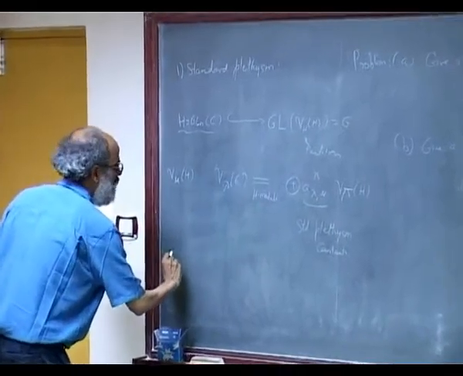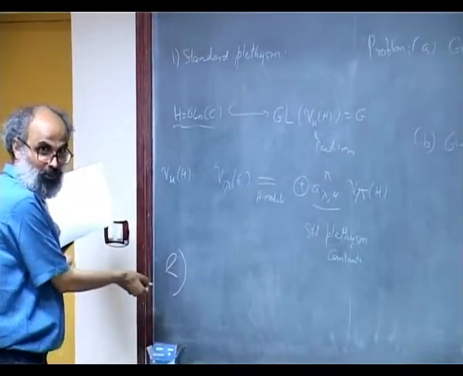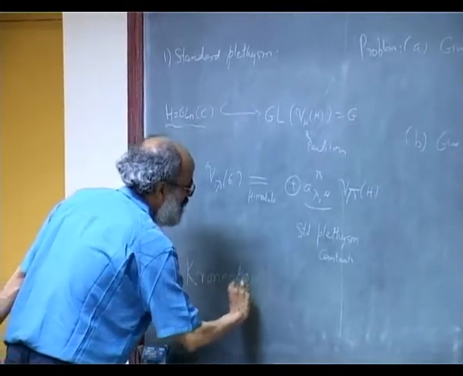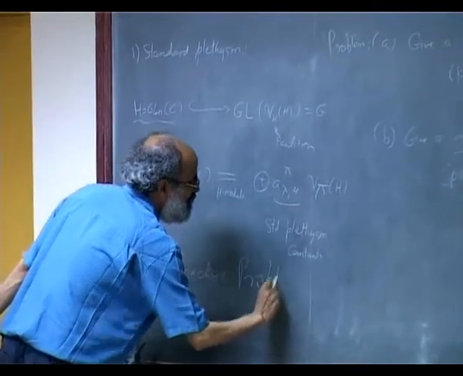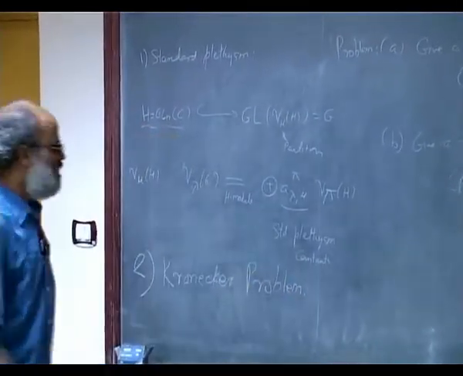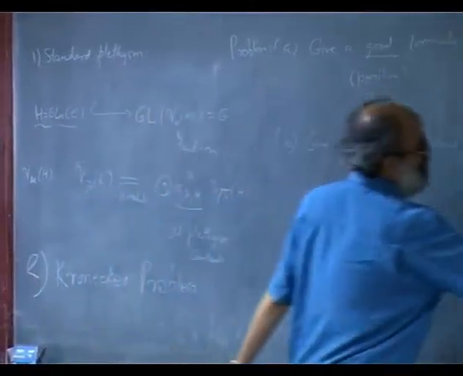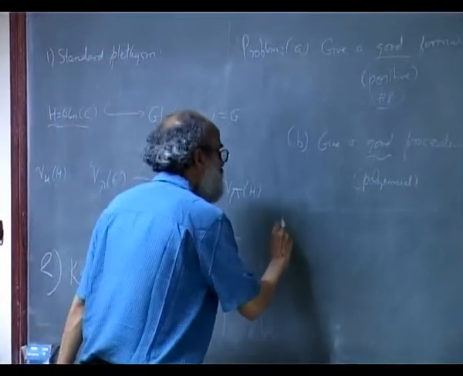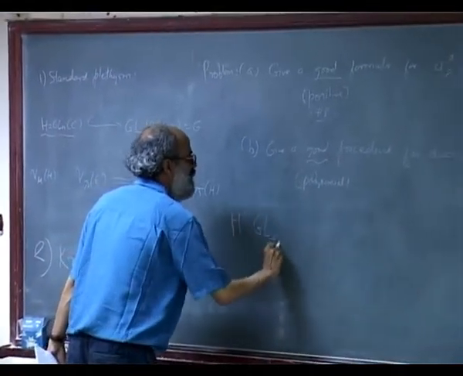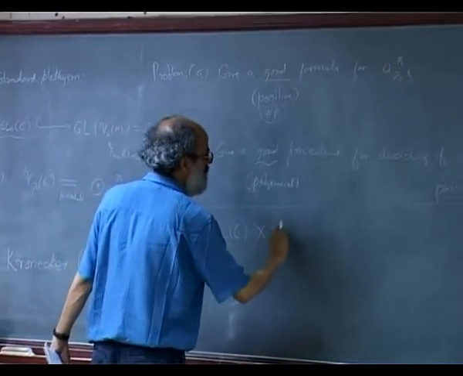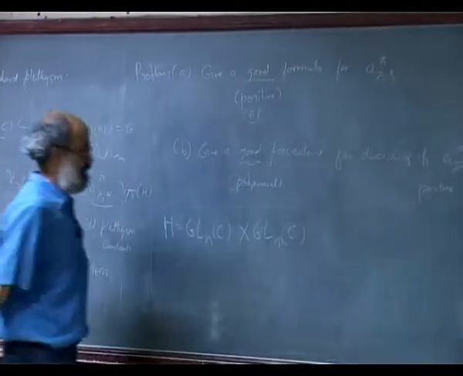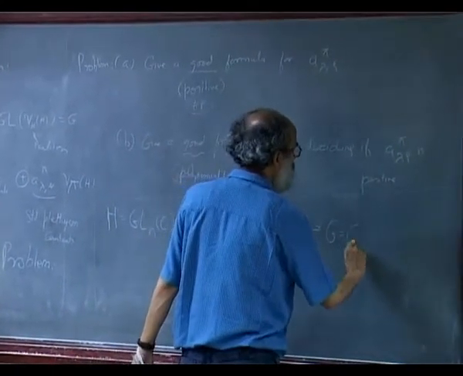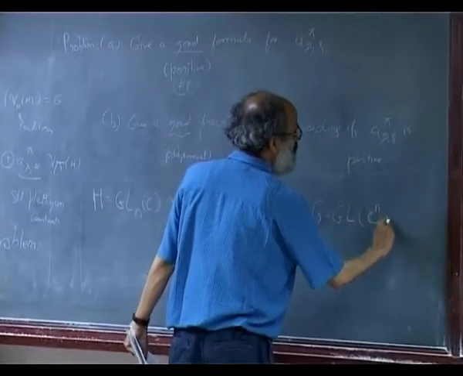The second is the Kronecker problem. So in the Kronecker problem, what you have is H equal to GL_n C times GL_n C, and it is embedded inside G equal to GL of C^n tensor C^n.